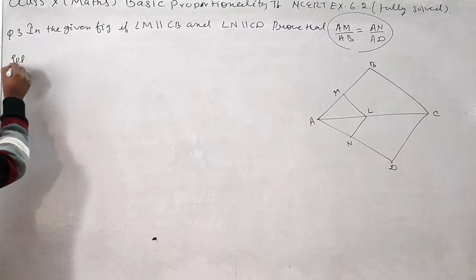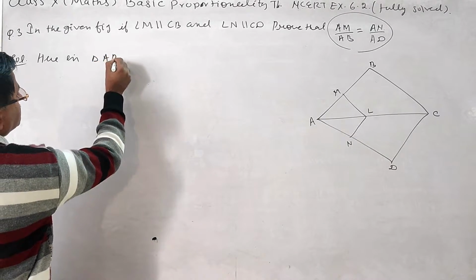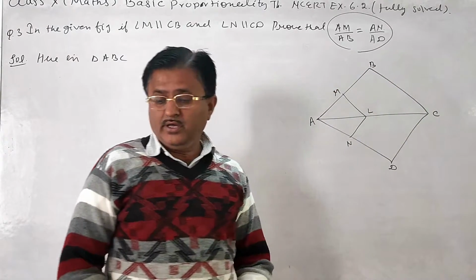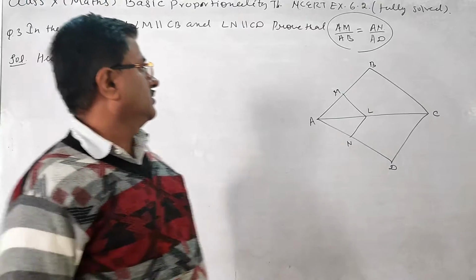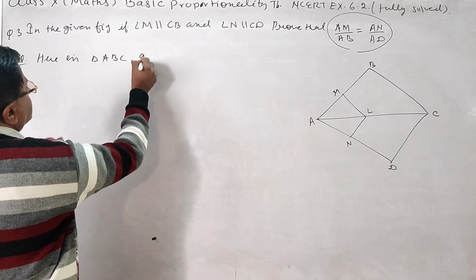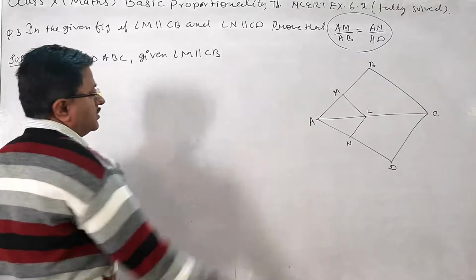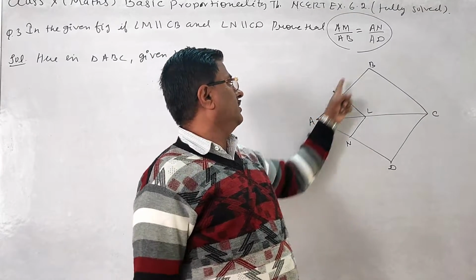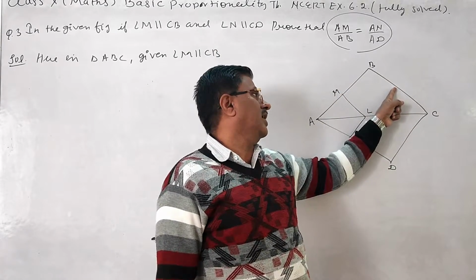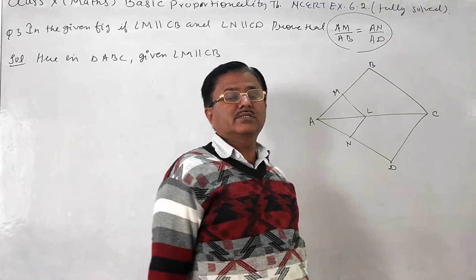So solution: see here, in triangle ABC, in this triangle, LM is parallel to CD. As you know, in a triangle, if one line is parallel to one side of a triangle, then this line divides the other two sides in the same ratio.